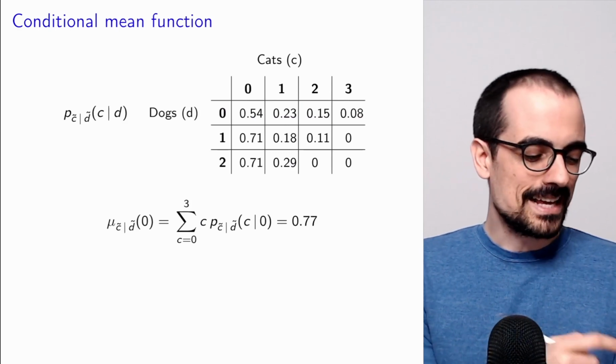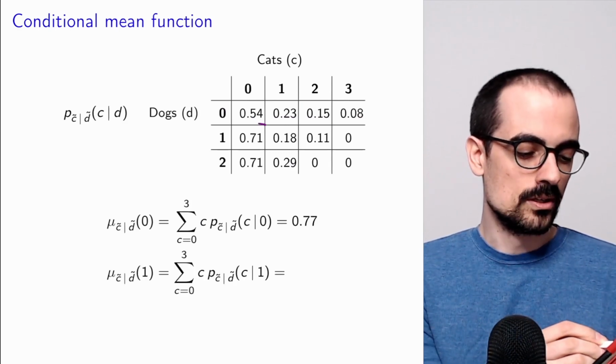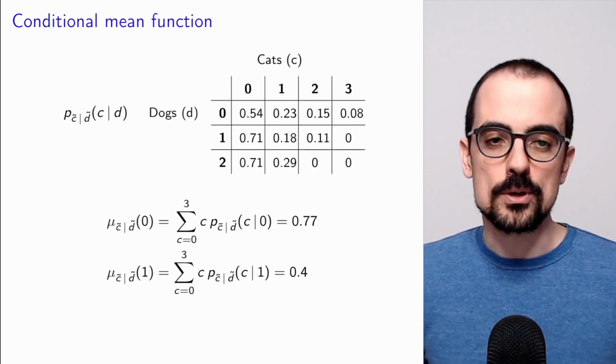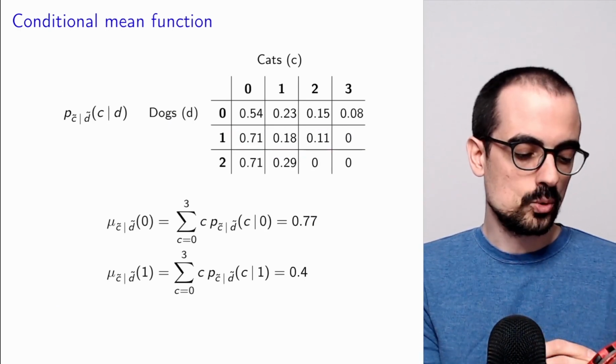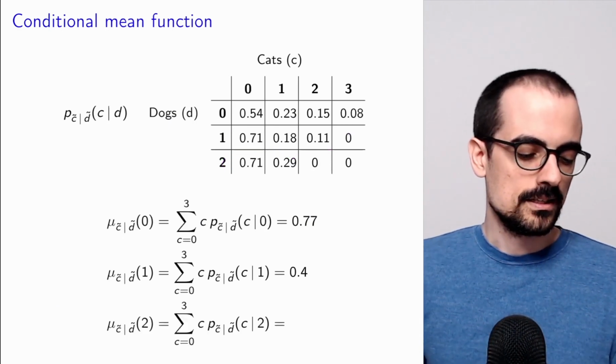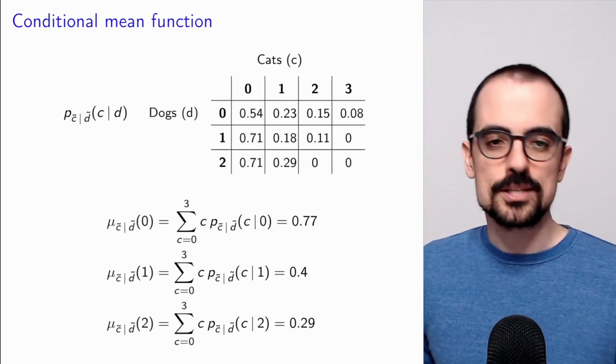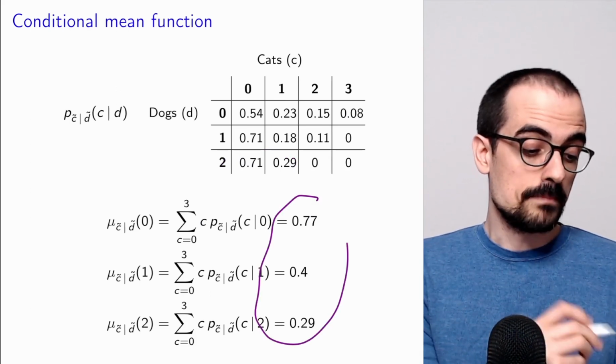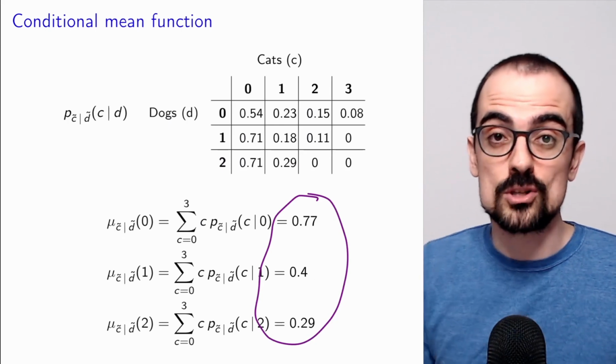We can do this again using this row when people have 1 dog. That mean is 0.4, and when people have 2 dogs, in my fictitious example, they have fewer cats, the mean is just 0.29.